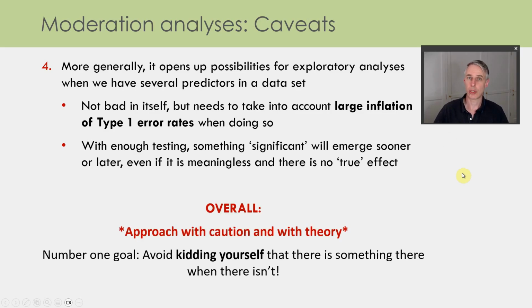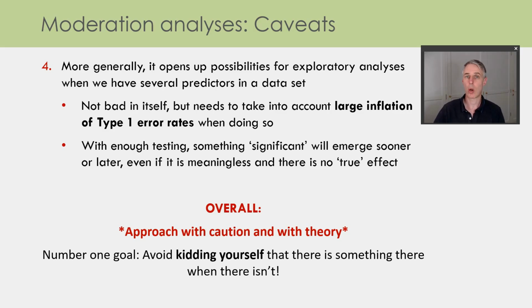So a key message at the end of this is that it's not just particular to these sorts of analyses, but I think it's also true of anything that I've covered in this module or any analysis technique in general. Approach it with two things. On the one hand, with caution, especially regarding what the output of an analysis means for causal interpretations, but also approach it with theory.